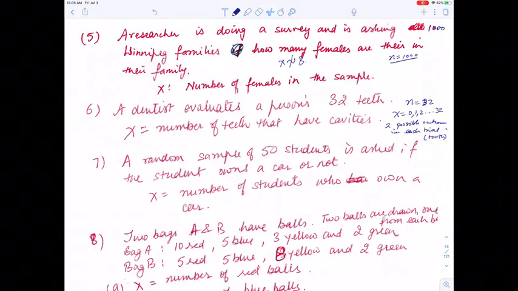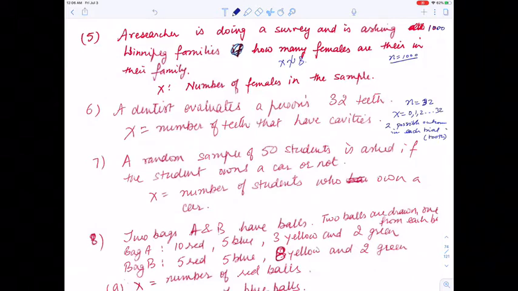Now the question is, the probability of success would be having a cavity in each tooth. Is the probability of success the same in each trial? Now think about your teeth. You see that your teeth have different shapes. The back teeth are flat and they have grooves in them. They're wider, so food accumulates, can get stuck in there more easily, and the cavities typically occur in the back teeth.